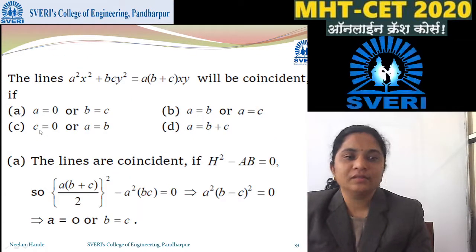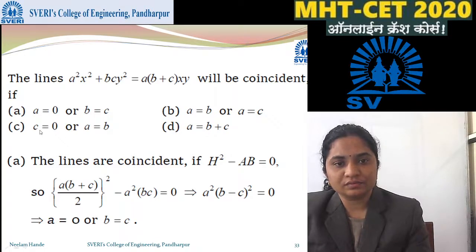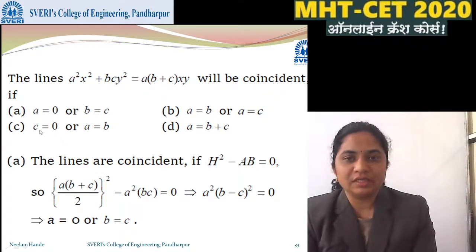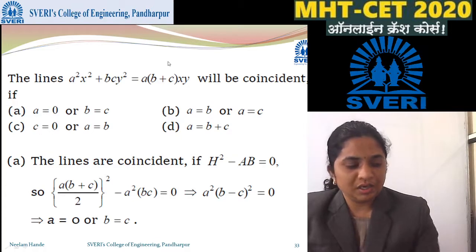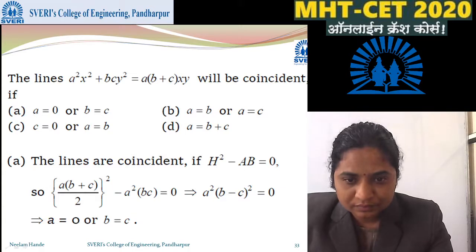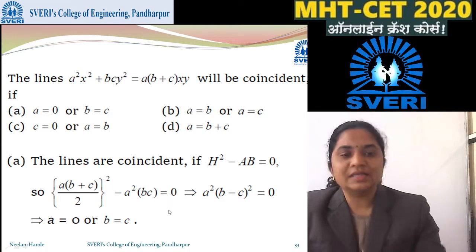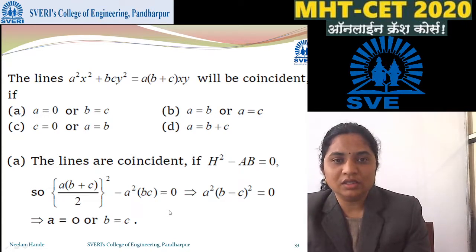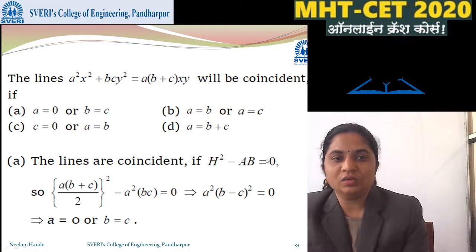Next, the lines a square x square plus bcy square is equal to a into b plus c xy will be coincident if the condition for the lines to be coincident is that h square is equal to ab.